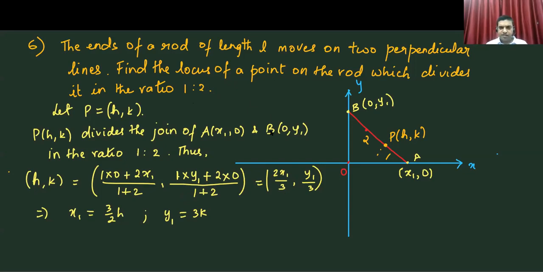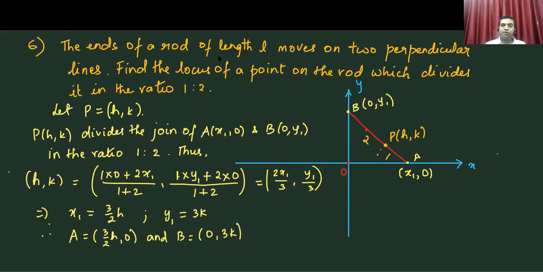So y1 is this. Therefore we have A as (3 by 2 h, 0) and B as (0, 3k). Now what is given?